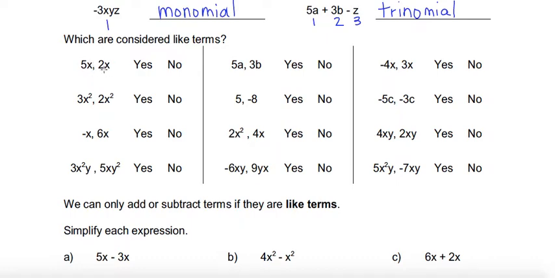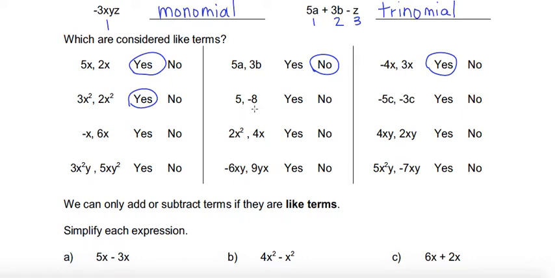They have no exponent, so they are like terms. 5a and 3b are different letters, so automatically those are not like terms. -4x and 3x have the same letter, so those are like terms. 3x squared and 2x squared not only have the same letter, but also the same exponent. They're both squared, so those are like terms.